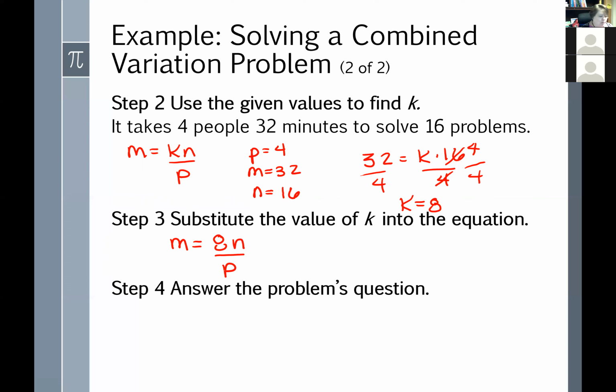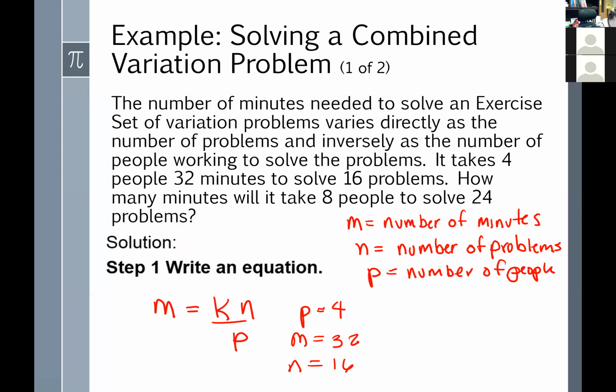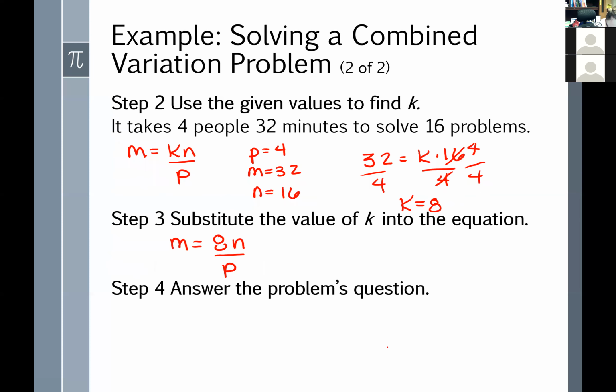Okay, so now what do they want to know? I didn't write that down on this slide. How long will it take 8 people to solve 24 problems? So if I have 8 people and 24 problems, how many minutes is this going to take?